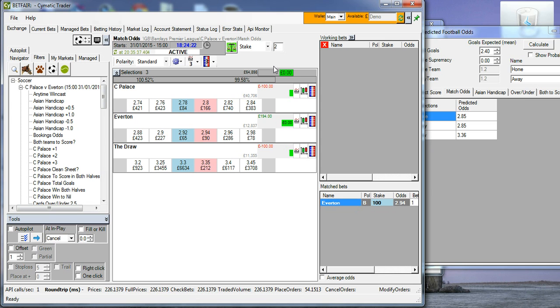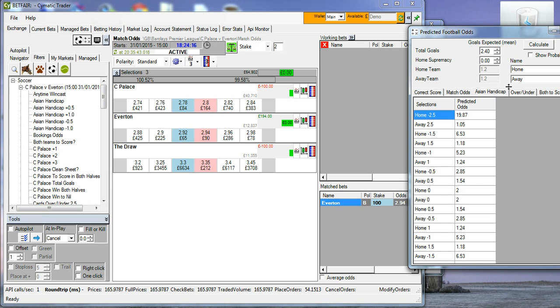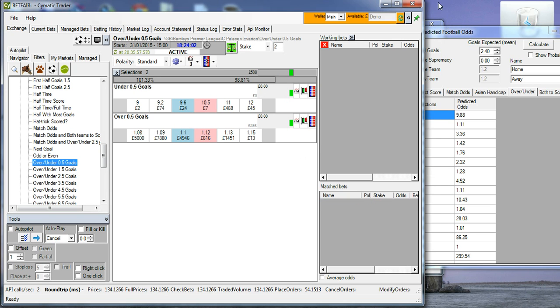So just have a quick look at some of the other markets. Correct score, Asian handicap, overs and unders. Let's have a look what the overs and unders are doing on Betfair. Over and under 0.5.